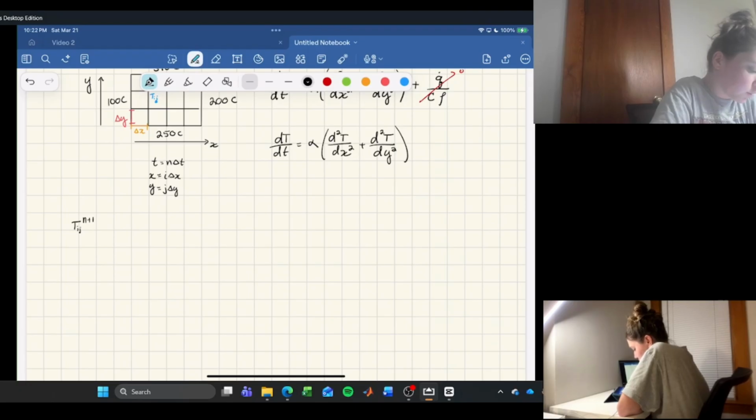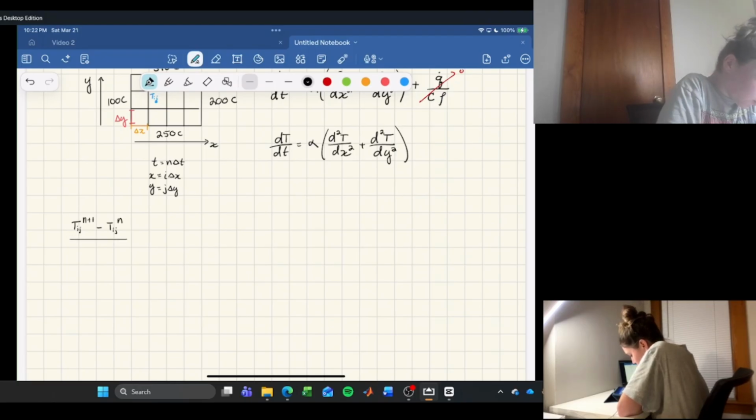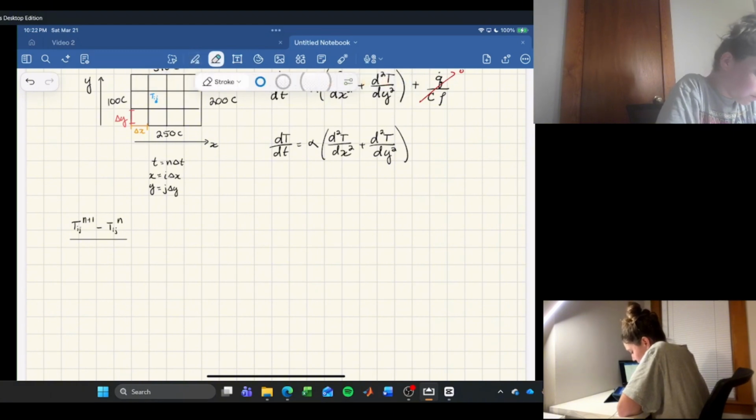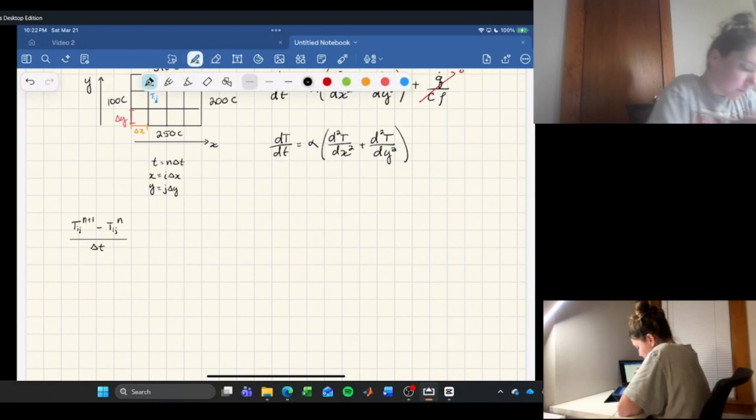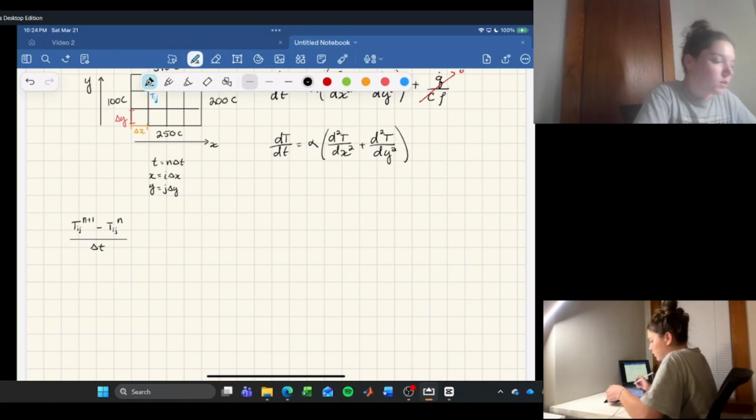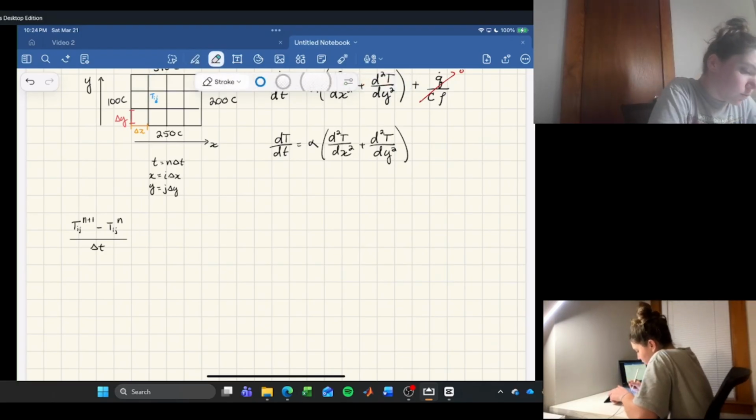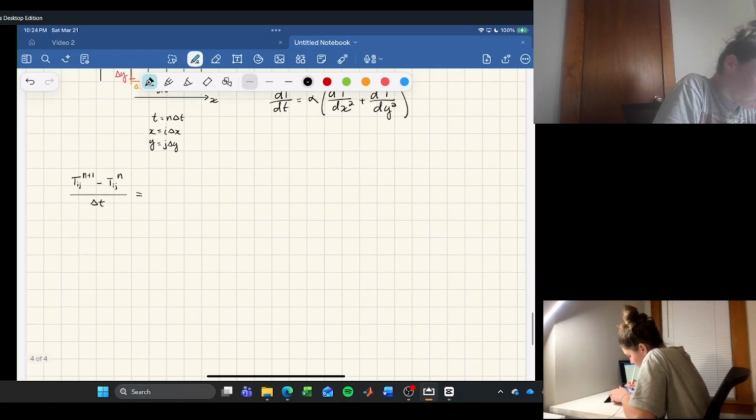So it's the final minus the initial, minus the position that we're looking at on the block. It's going to be T to the n over the change in time. And then this is going to still be equal to the thermal diffusivity. That's going to be constant.